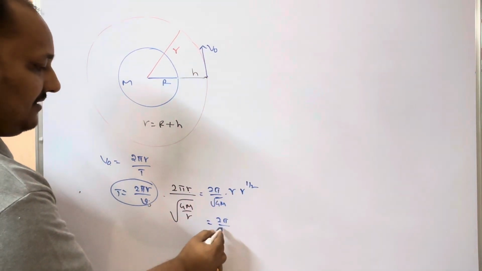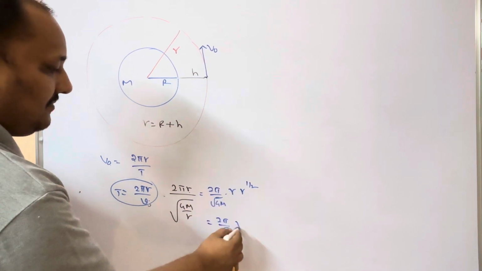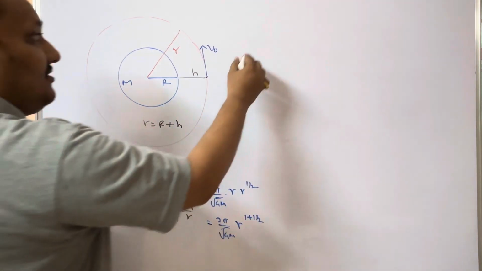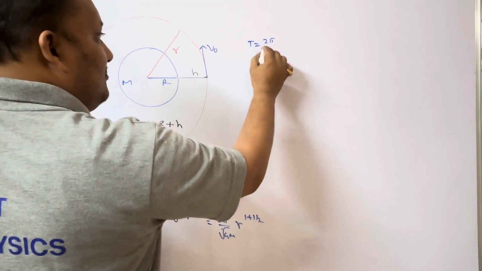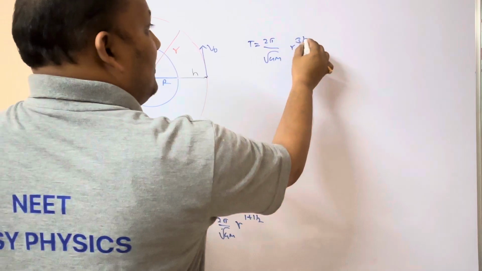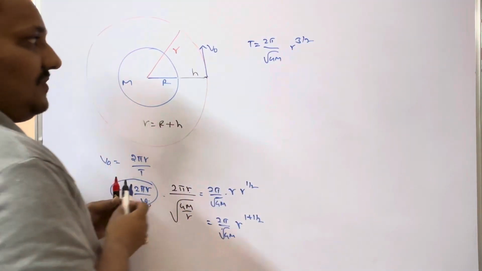So 2 pi by root GM, r power 1 plus 1 by 2. That gives T is equal to 2 pi by root GM, r power 3 by 2.